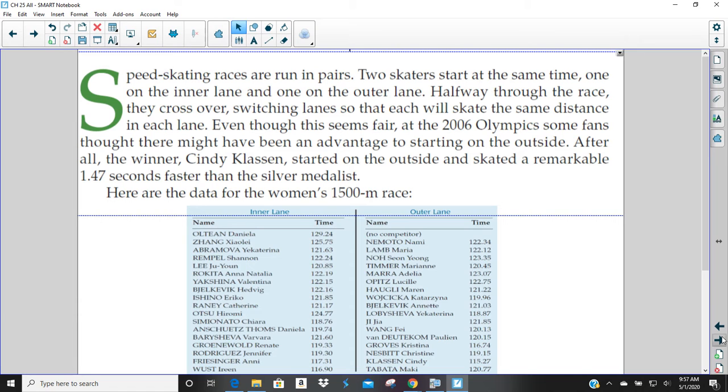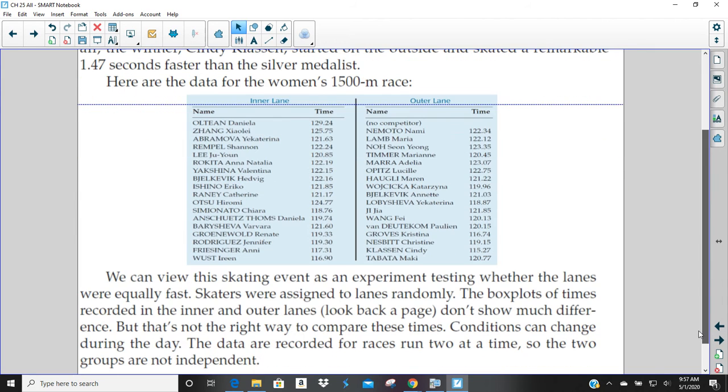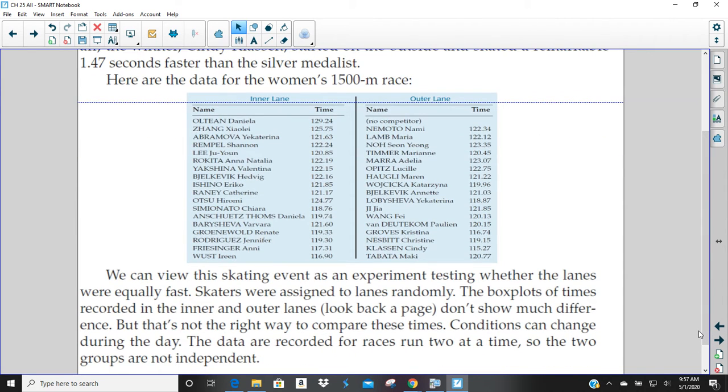In any case, they had inner lane and outer lane, and they're saying that these are not independent. They're not independent because, even though the assigning of the skaters was probably done randomly at some point in the Olympics, the conditions of the track, etc., will dictate whether or not there's pairing.